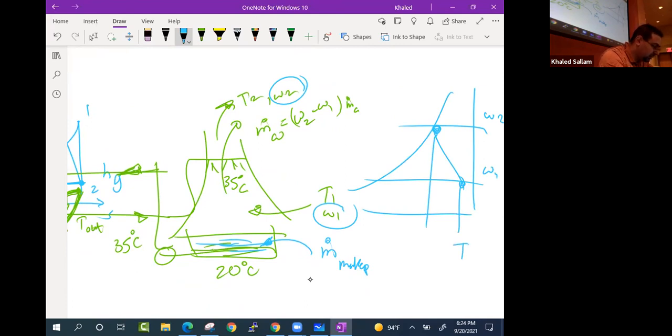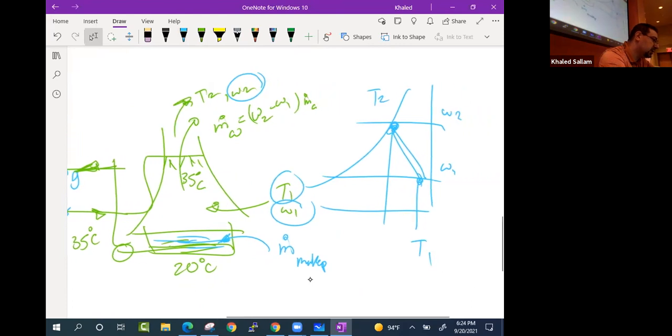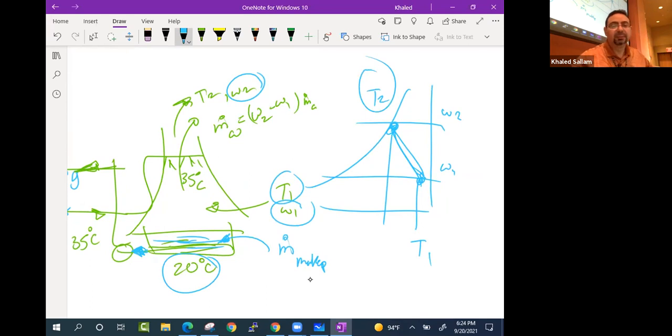We said the air is coming in at T1 and leaving at T2, and hopefully the water that is condensing or evaporating is also getting cold. So what we need to figure out is, what is the temperature of the water? Will this water be able to get really cold, down to the air temperature, or not? So let's see the equations that govern the cooling tower.